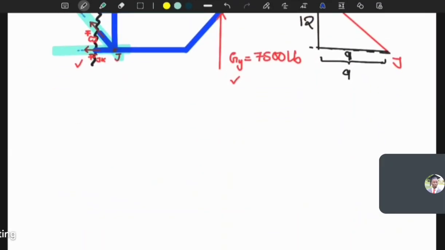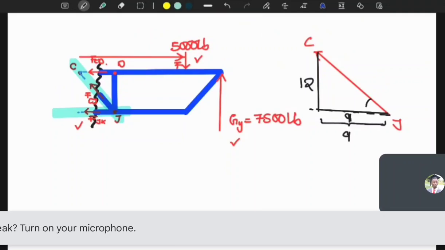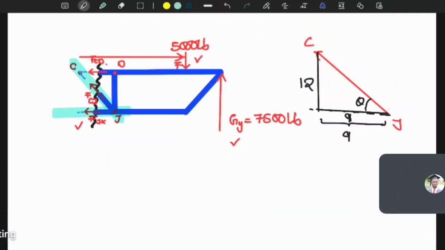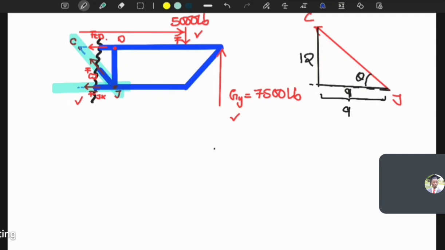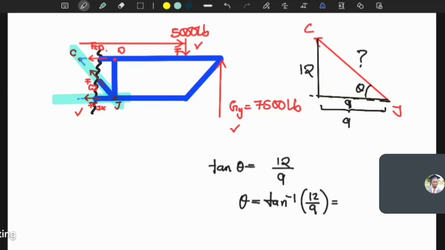Now from there, we can easily get the angle that we're going to use to express CJ in component form. We know by tan, opposite over adjacent, so that theta is equal to tan inverse of 12 over 9. So here we're getting 53.13 degrees.